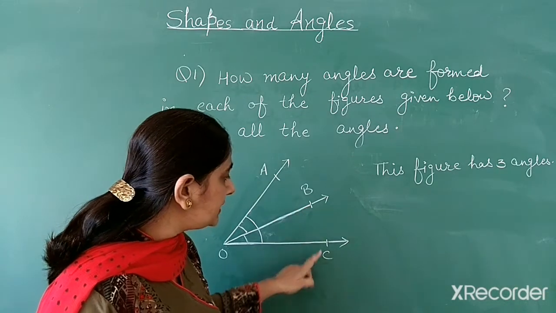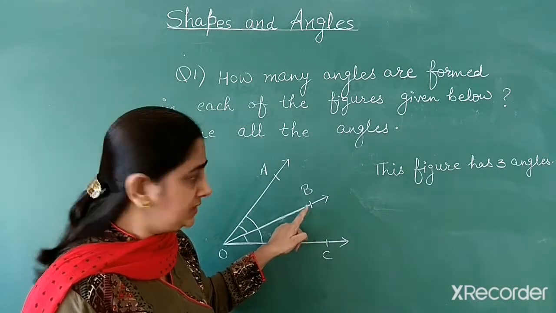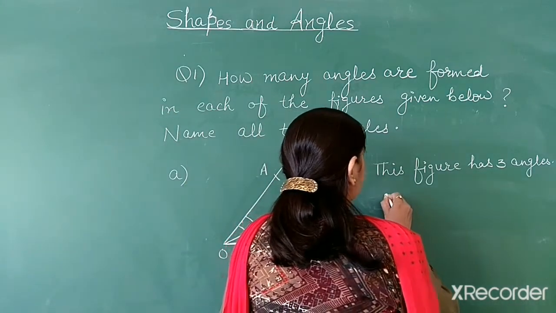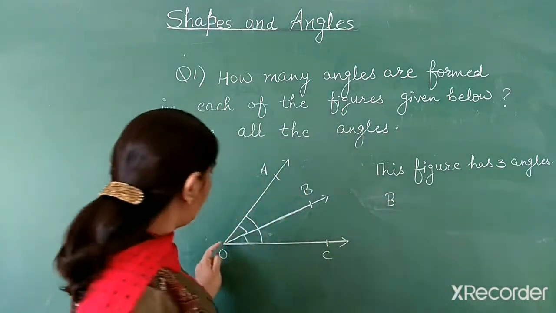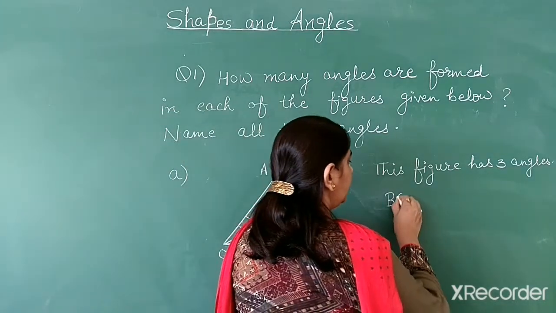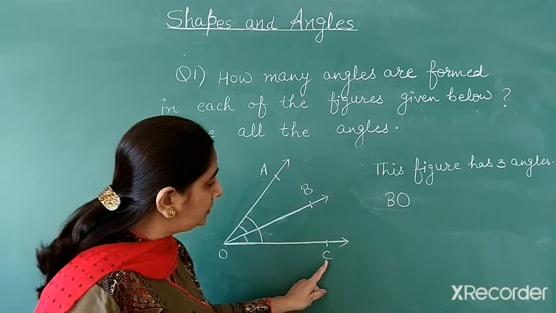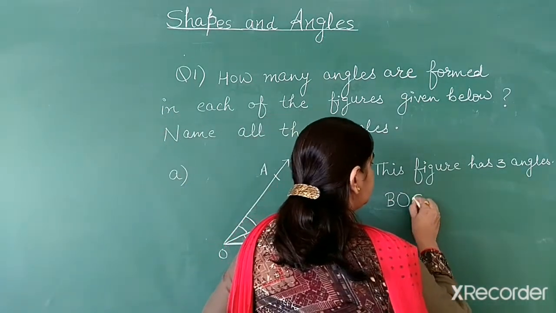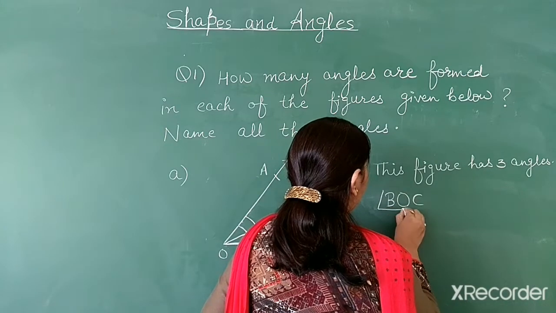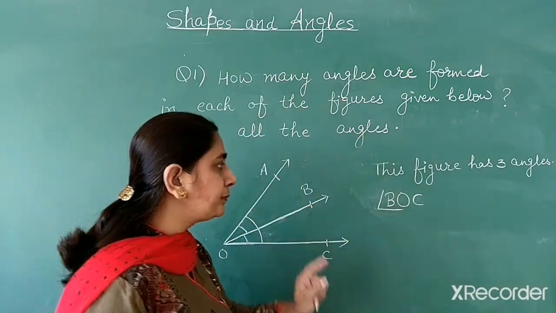You will see points B and C are marked here. So, I am starting from this point. First we will write this point from this arm, OB. Then we will write the vertex. Vertex is O. And now we will write the second point from the second arm. This is C. And you will make a symbol of angle. So, the name of this angle is BOC.